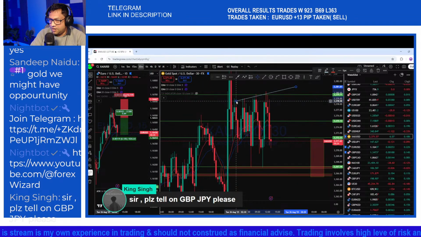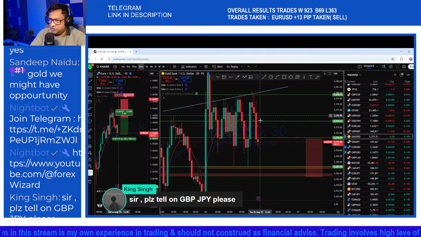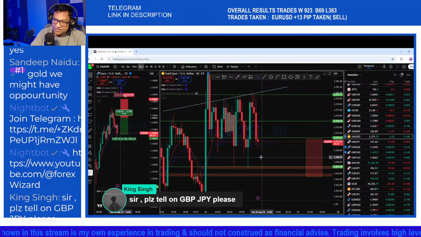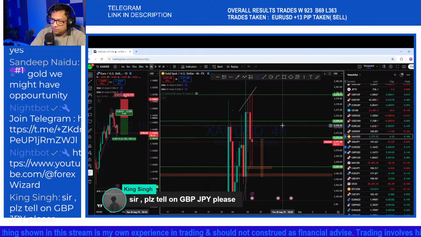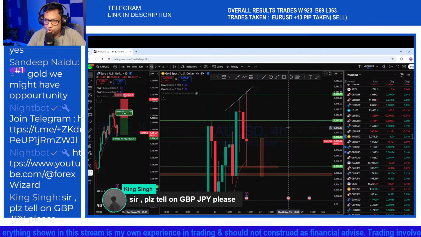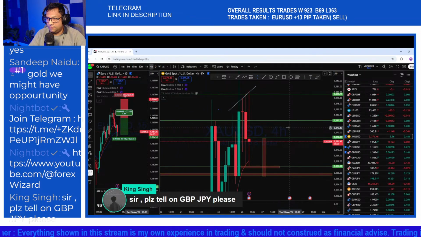Now this is the current level of resistance, where from this resistance the market has got a rejection back below on the 4-hour candle closing, with also a potential doji here.